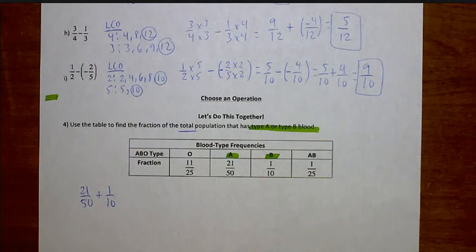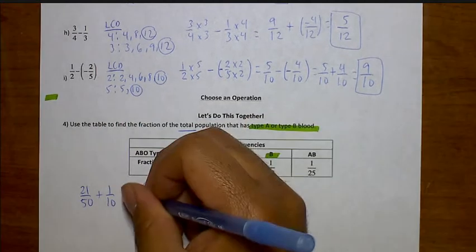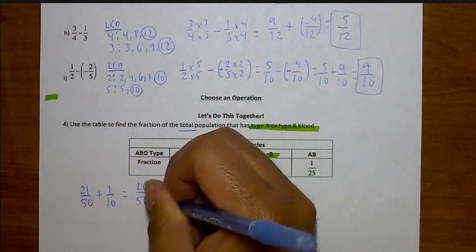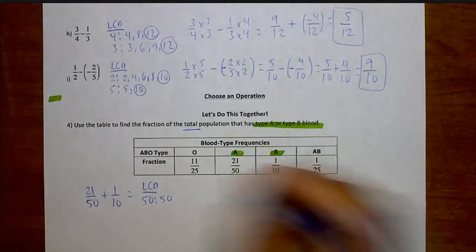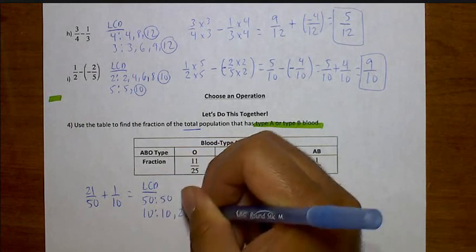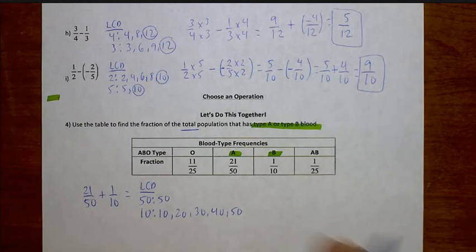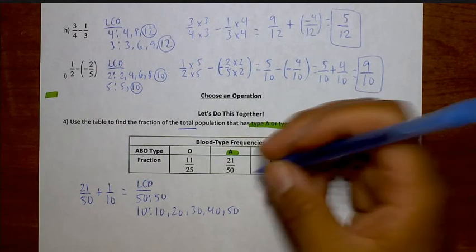Okay. Now, one thing that I want to do is simplify this fraction further. There's a common number that can go into both 26 and 50, and that is 2. 26 divided by 2 gives me 13. 50 divided by 2 gives me 25. So my final answer is 13 out of 25.